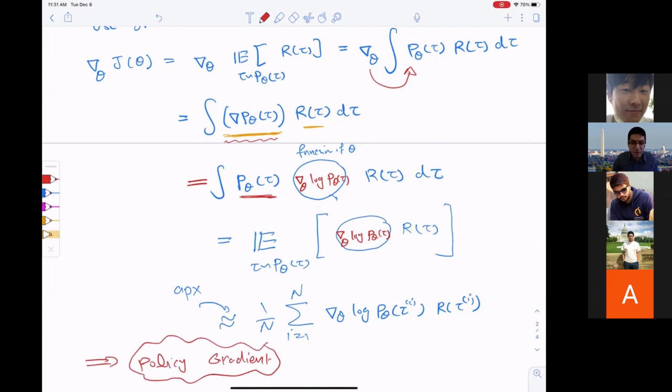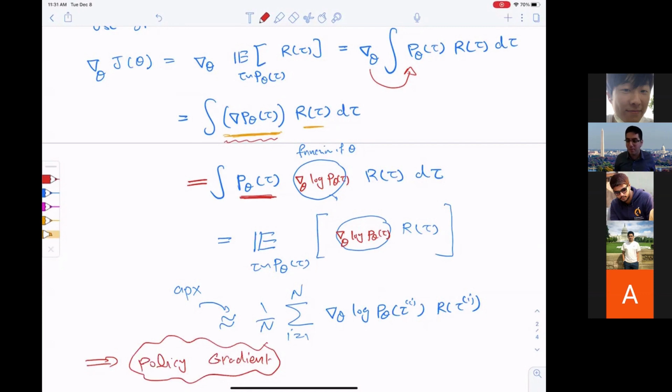So I see there are some questions. Can we assume P sub theta's family of functions? Yeah, you may come up with some other ways in order to compute this integral, but here I wanted to write this integral as an expectation over P sub theta, and then be able to compute that with some approximations. Remember, J of theta itself is an expectation, right?